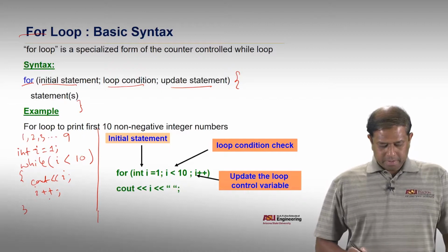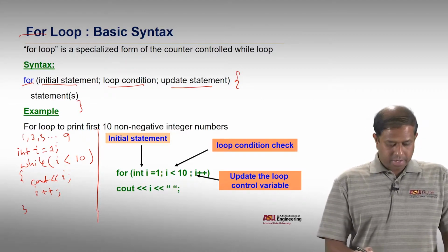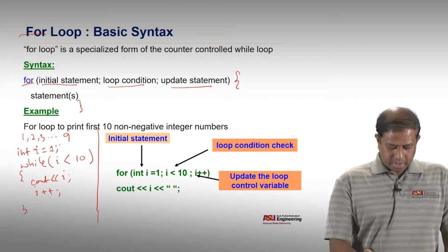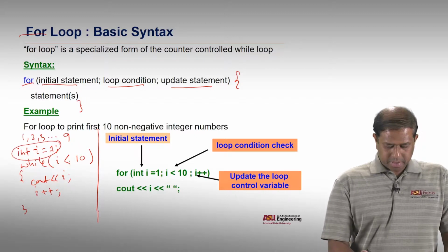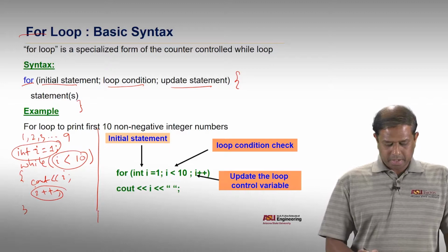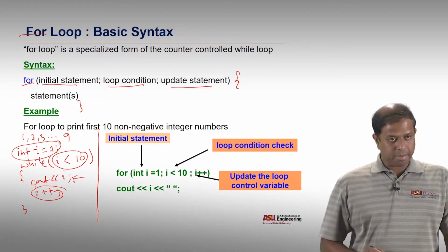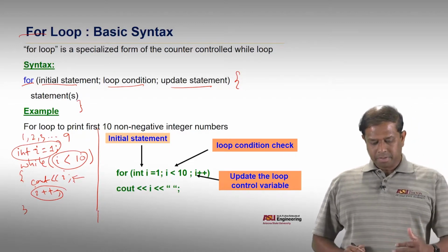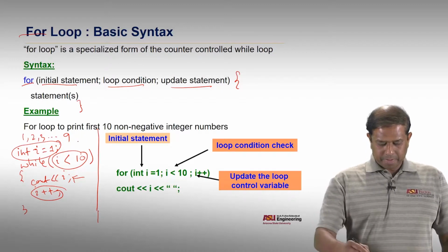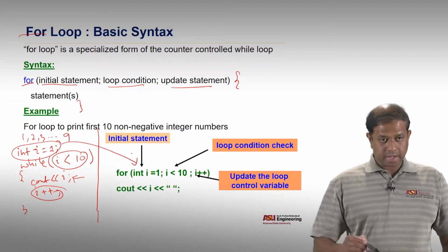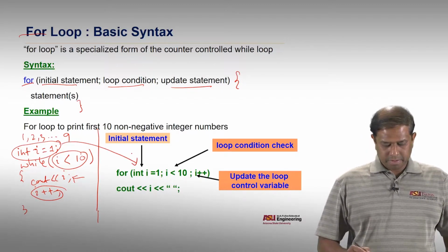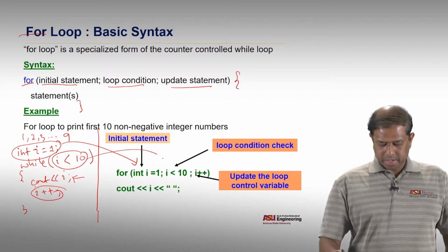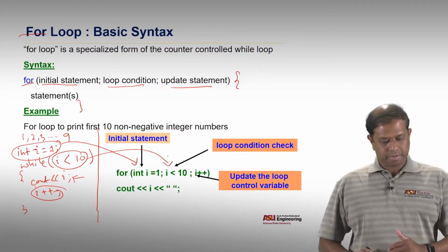Okay. Now in here, we have three parts of this statement. This is the initial statement. This is the loop condition check, and this is the update statement, and then this is the part that we are repeating. Now in the for loop, what you do is put the initial statement in the first part of the for loop. We put the condition check as the second part of the for loop.